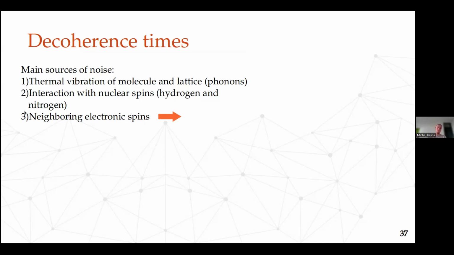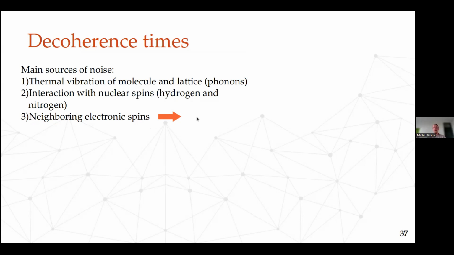But the really large source of noise generally is electronic spins, or the magnetic fields from external sources.